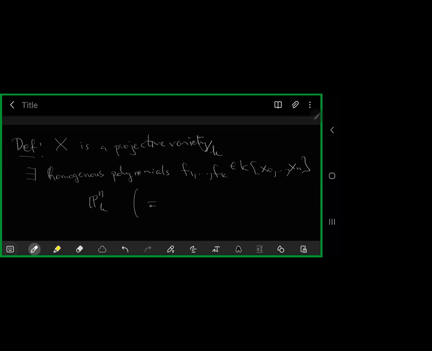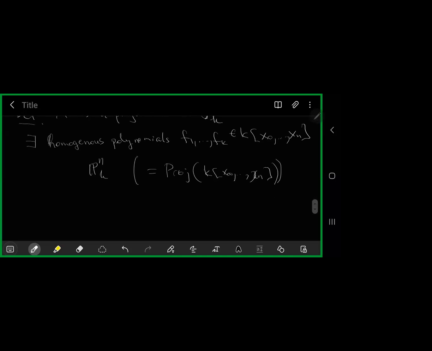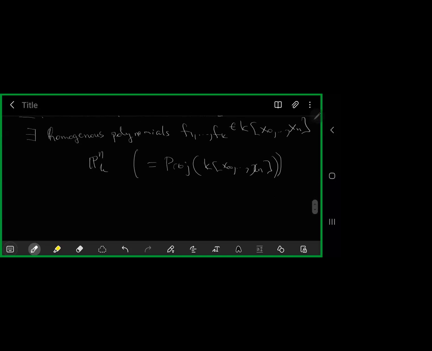I'll just say briefly what it is. In the modern case, you need to have a ring that is graded, and this has a grading. You can just put all the xi's to be in grading 1. And for a graded ring, Proj is going to be all homogeneous prime ideals as a topological space. And then on each open set that is an affine open set, you can also describe what the functions are. I'll just say that much.